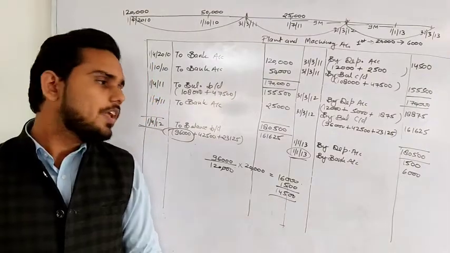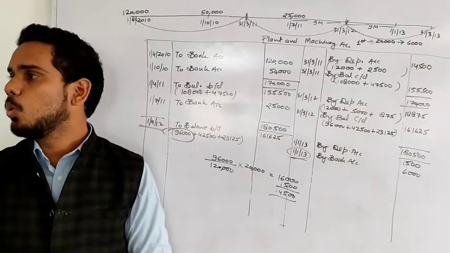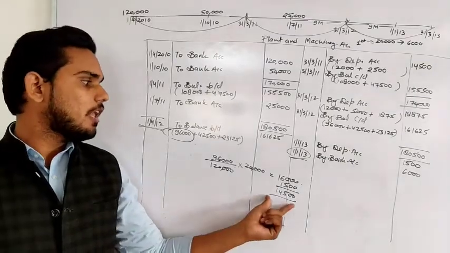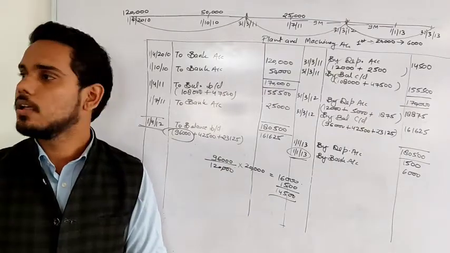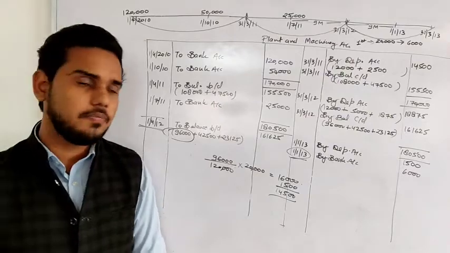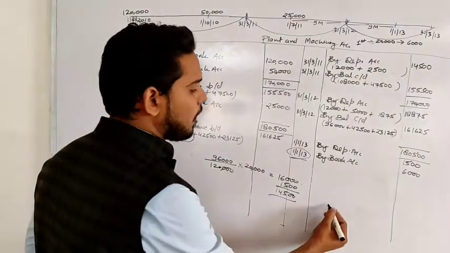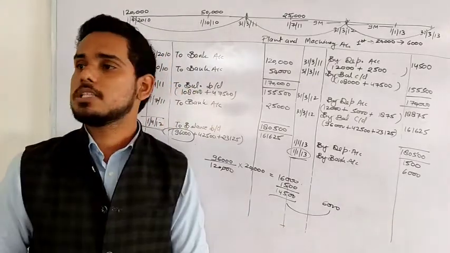and that will be 14,500. Now we know that the part we sold has a value of 14,500 at the time of sale, right? So the value at the time of sale was 14,500, but we sold that for a price of 6,000. That means we suffered some loss.